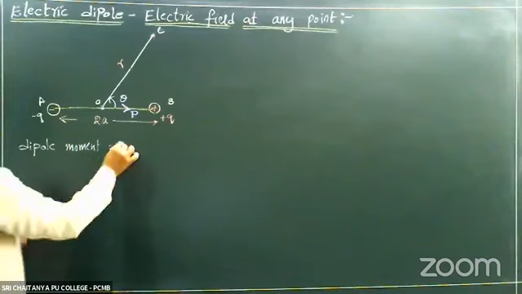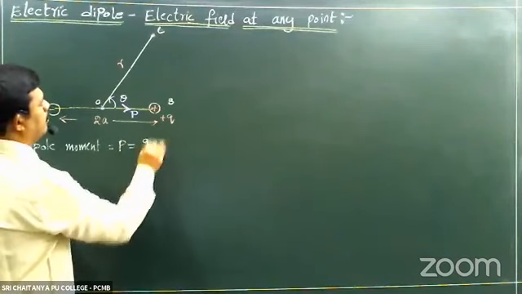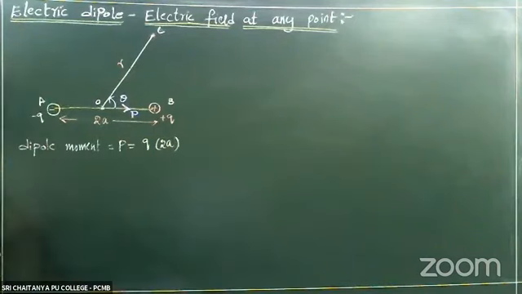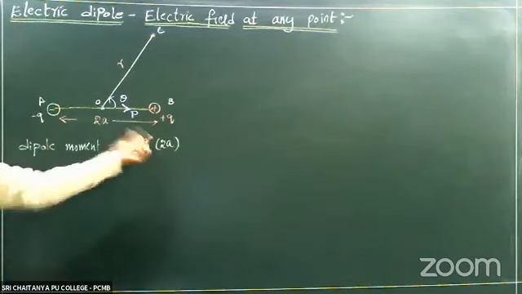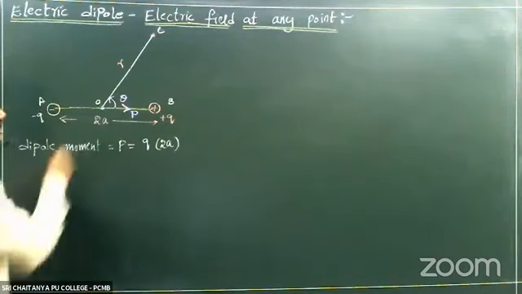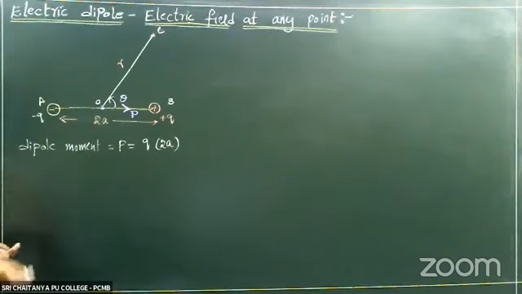Dipole moment P is Q into 2a, or 2aQ. It is a vector. Its direction is from negative to positive.